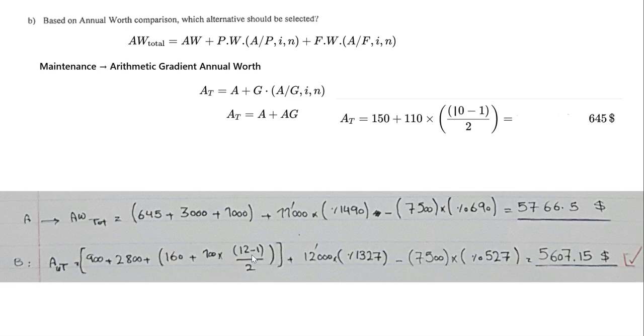The time is 12 years, 12 minus 1 divided by 2. For gradual increases, it's better to impose it like that. Plus 12,000 times the factor we find from the compound table, minus the 7,500 salvage value times the annual over future factor for this timing. The total result would be 5607. As you can see, this is less than the other one, so we have to choose project B.